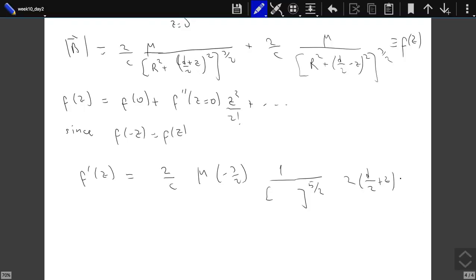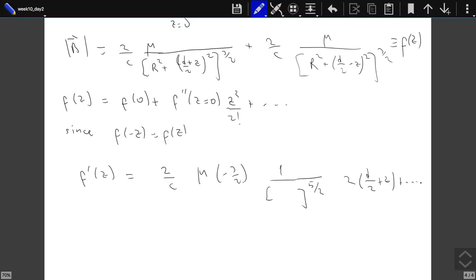This is the first term, plus the contribution from the other term, which will be almost identical. The only difference is that the derivative of (d over 2 minus z) squared will be minus 2 times (d over 2 minus z). So the d over 2 terms will just cancel each other, and when I set z equal to 0, the first derivative will be 0. That's why I'm not writing it.